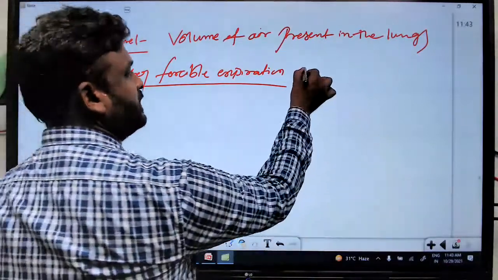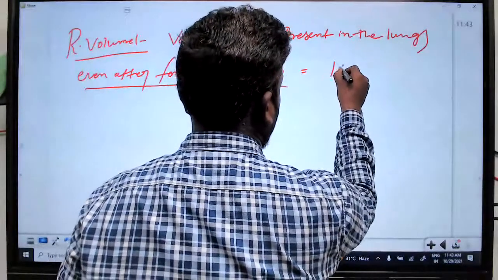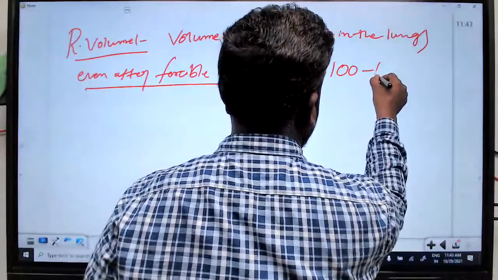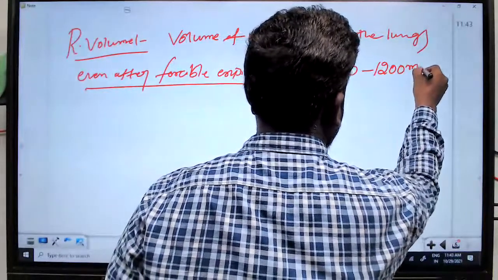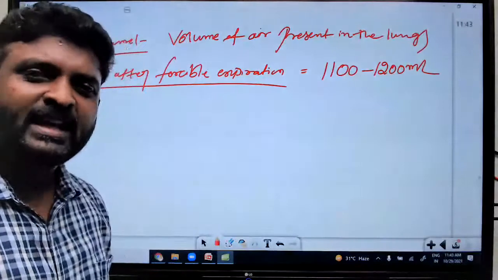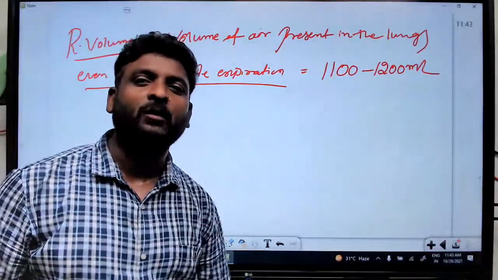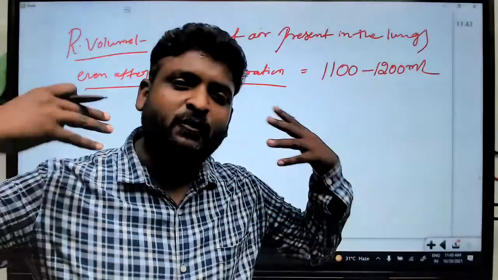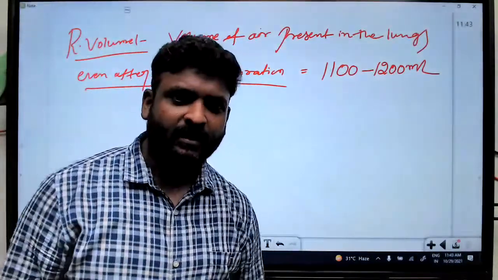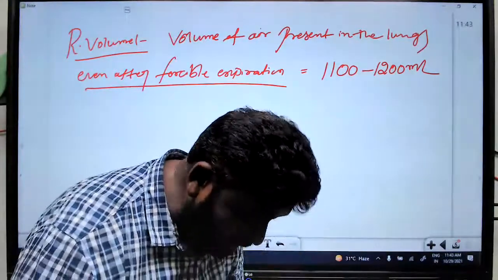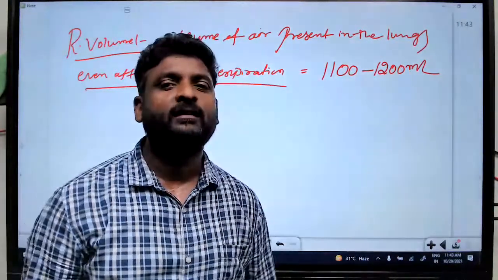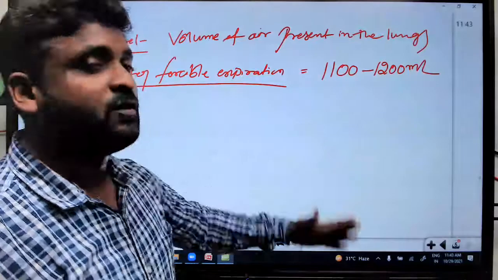You know how much? It's always like 1,100 ml to 1,200 ml. You can't remove it. After forceful expiration, is it possible to expire again? No. That is what residual volume means.